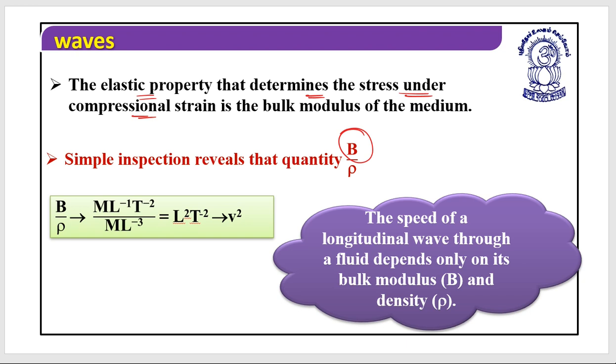Let me check the dimensions of B divided by rho, which is equal to V square. So V is equal to root of B divided by rho. The speed of a longitudinal wave through a fluid depends only on its bulk modulus B and density rho. I hope this is clear.